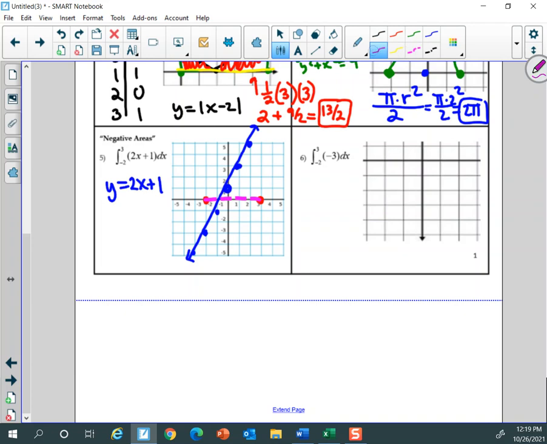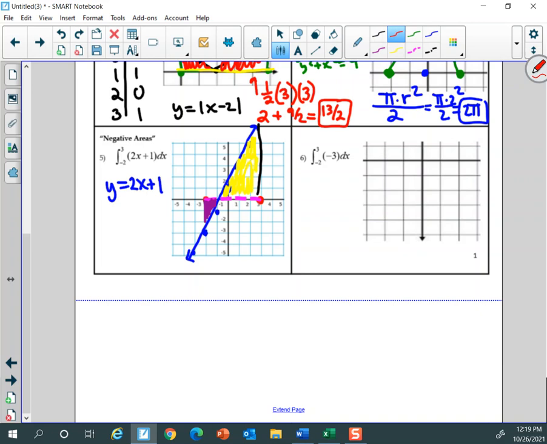So what's going to happen on this problem is I'm going to have that area under the x-axis, and then I'm going to have this area above the x-axis. Now, we're going to talk about this a lot of different ways in different aspects of this unit.